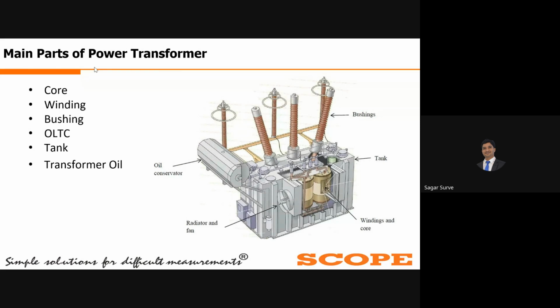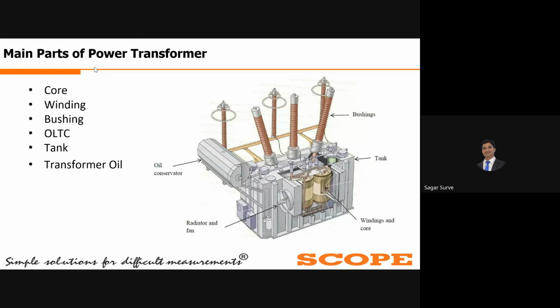The tank is the main tank of the transformer, which has all this assembly inside it: the core, then the winding and OLTC, and the transformer insulation, insulating oil, paper insulation. All these are assembled inside this tank. Transformer oil is also an important part of the transformer, because it has to play basically two major roles.